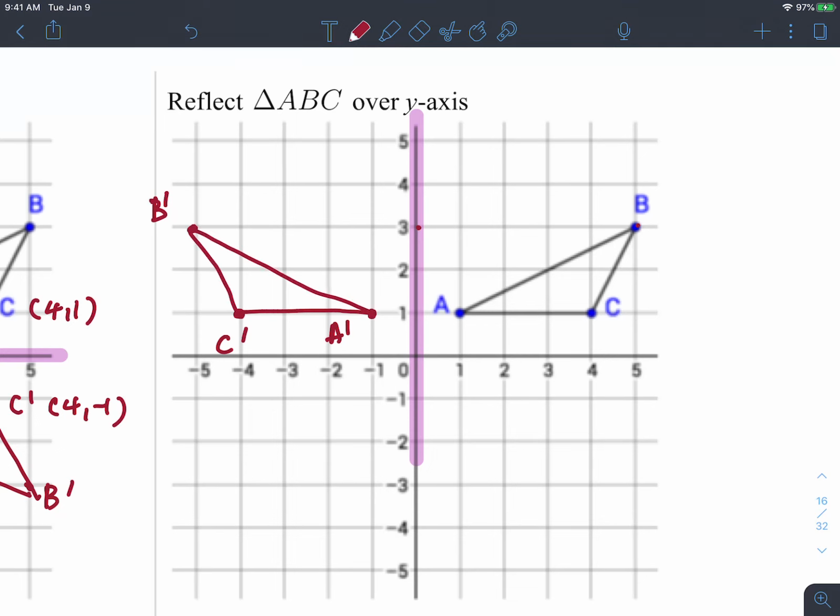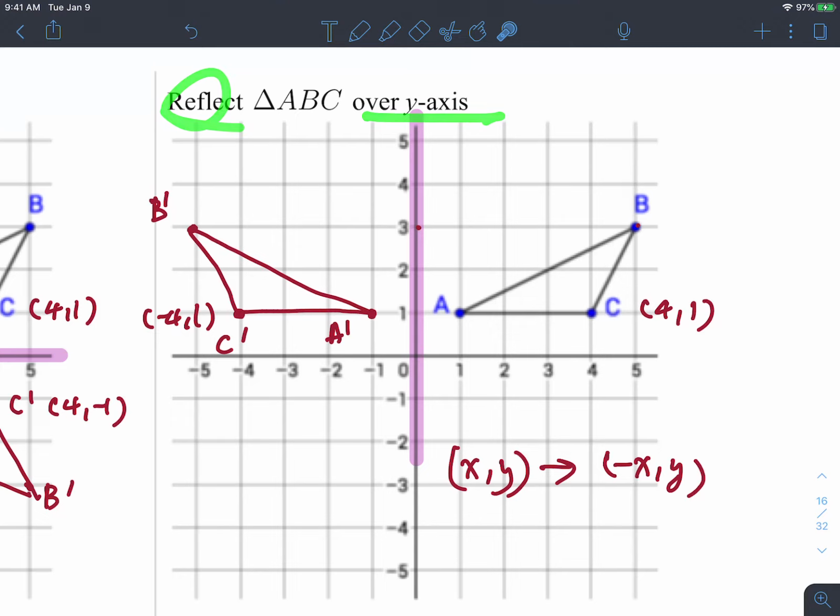all right, that freehand, I guess, is good enough, right? What do we notice, guys? This is 4, 1. This one is -4, 1. And you could see that for the other ones, right? I'm only writing down one of them. Can you tell that (x, y) became, that's right, (-x, y)? So in other words, when you're reflecting over the y-axis, the y value stays the same, but the x becomes opposite.